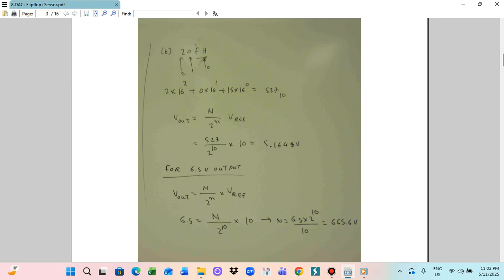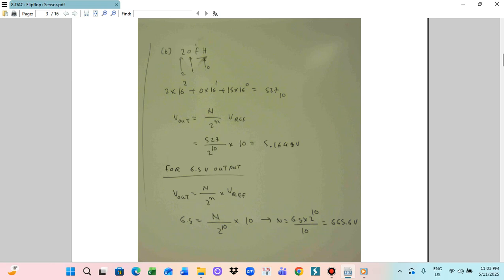Okay, now this is for this position here. Then we can also calculate what input is needed to get a 6.5 volt output. So we have to calculate the digital number n for a 6.5 volt output. We use the equation V out is equal to n divided by 2 power n into V reference.